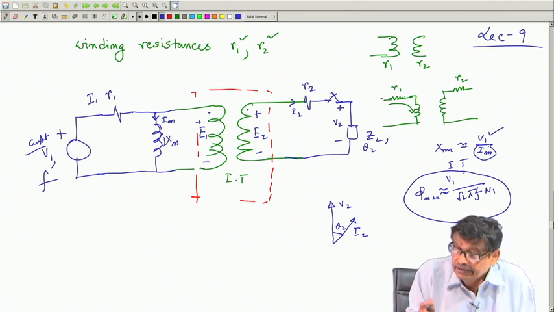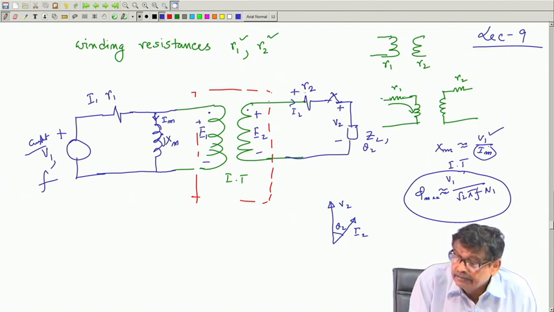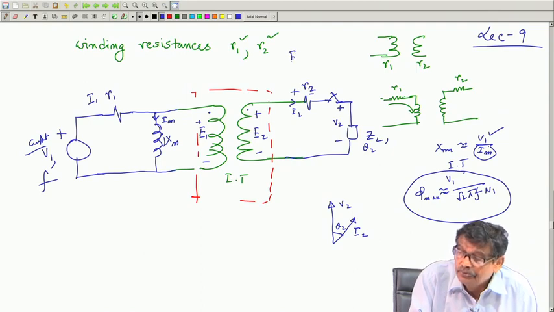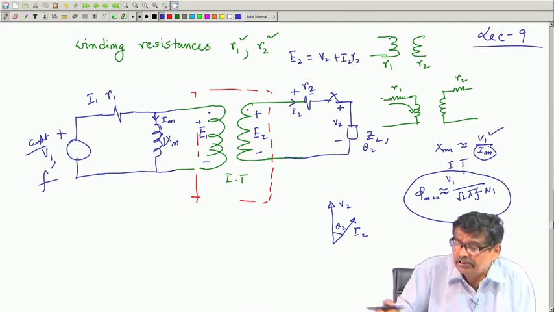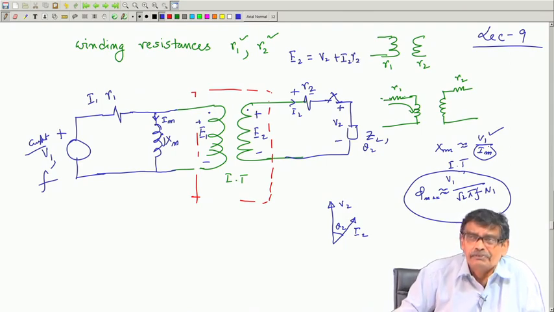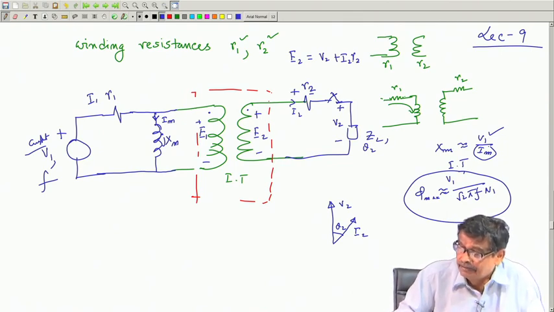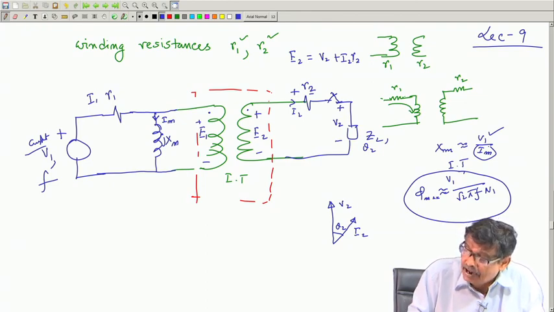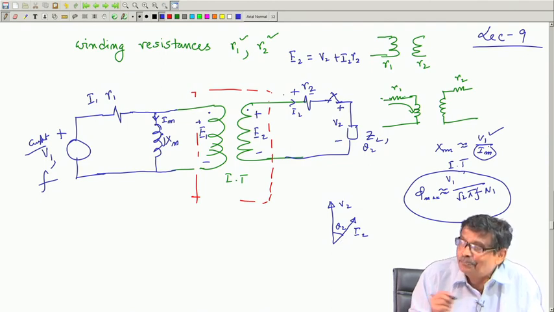Then I will say, look here, your E 2 is equal to V 2 plus I 2 R 2. Follow the logic. The diagrams may be a bit clumsy, but this is what is going to happen. Suppose V 2 is known, and you draw I 2. Then I have to add to V 2 this I 2 R 2 drop.